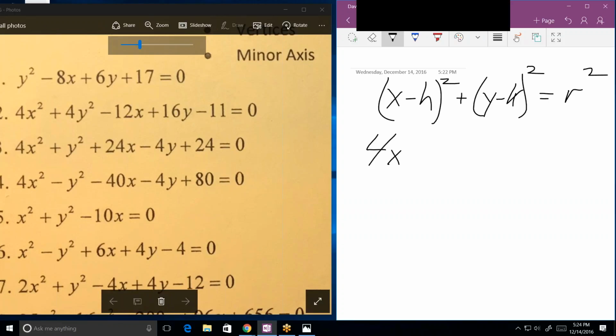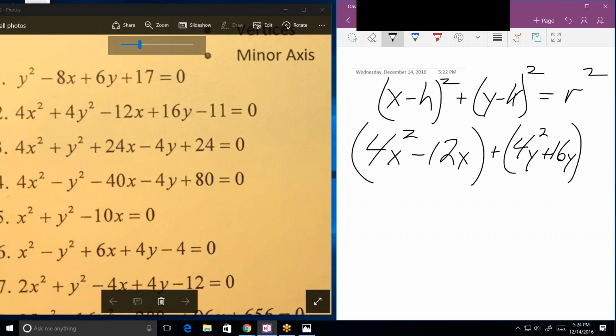So let me do the first part, which is this part here, combining those, and then it's plus 4y squared plus 16y. I'm going to move the 11 over to the other side.